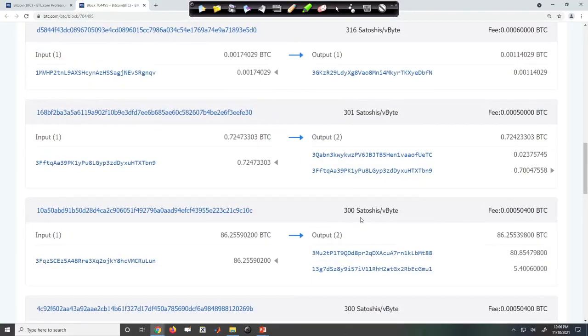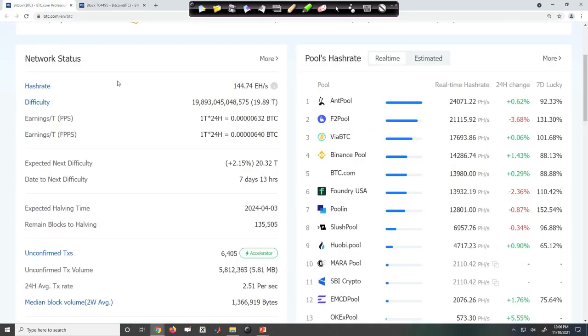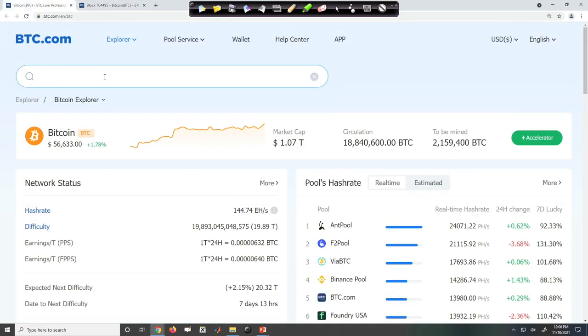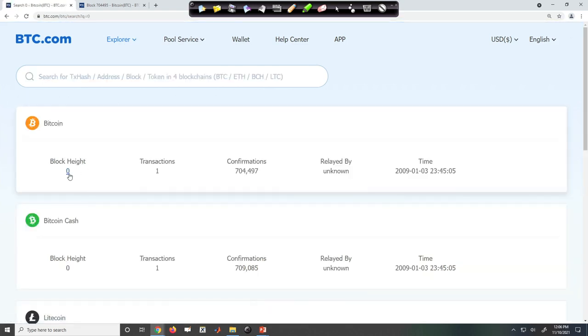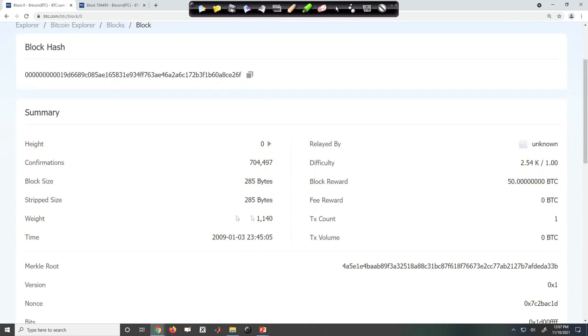Also, if you look at this example here for your understanding, if I go to block number 0, which should be interesting to you, which was the very first Bitcoin block that was mined by Satoshi, you see that it had this block reward of 50 Bitcoin. So, this is the very first block, number 0, as you see here as the height of the block, which is basically the block number you can consider.